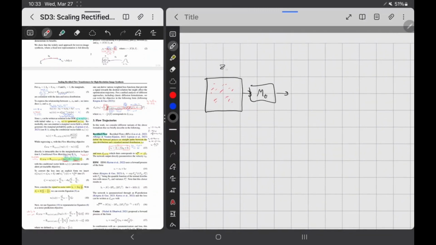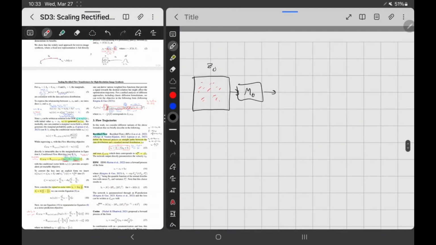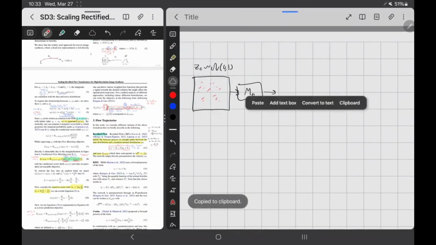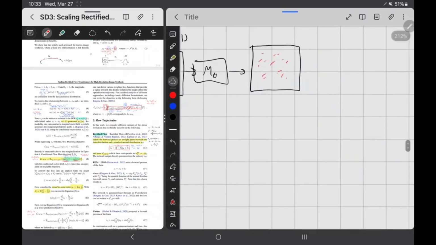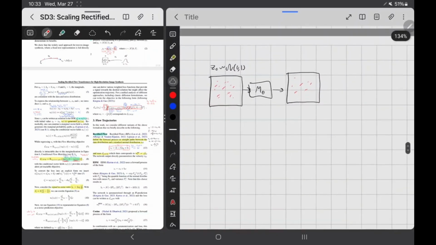So this is Z0, and it'll output some mess like this. If Z0 is sampled from our normal distribution, then it'll give something like this, perhaps. Maybe it is imperfect, some of the noise is removed, something like that.